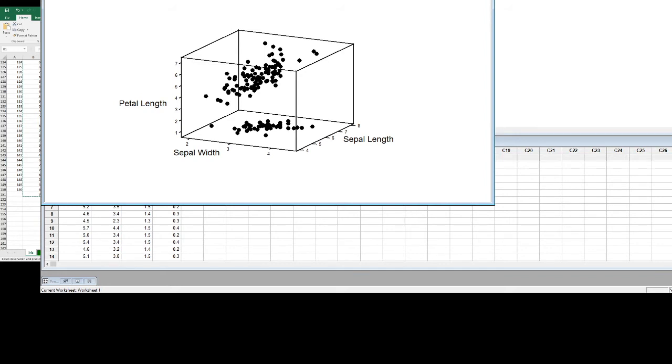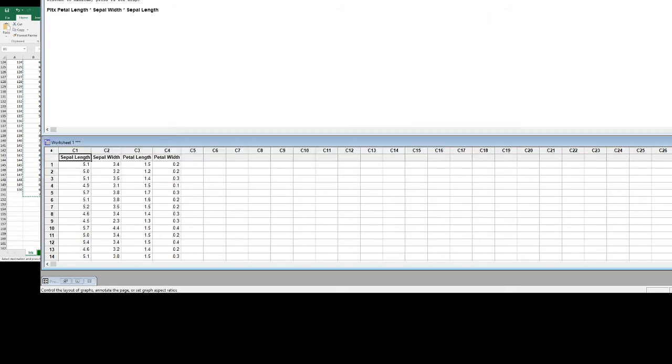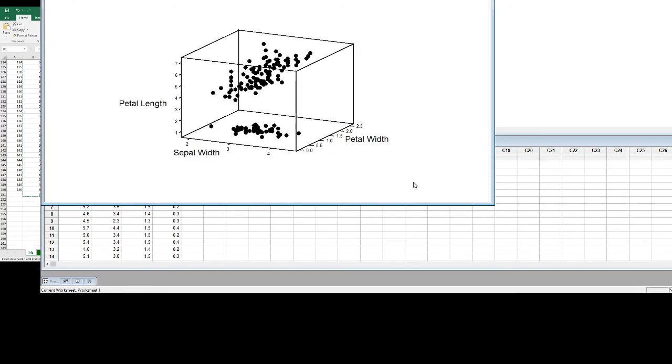Let me take another plot. So for example, instead of sepal length, now I will take petal width here.